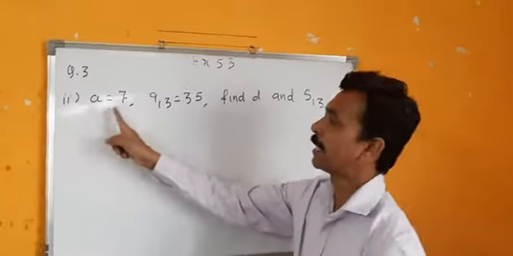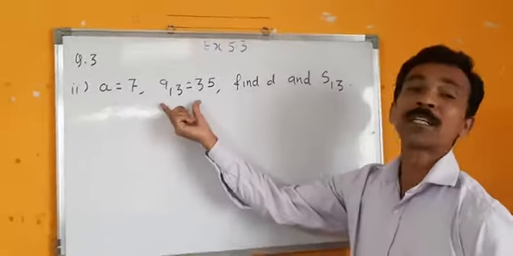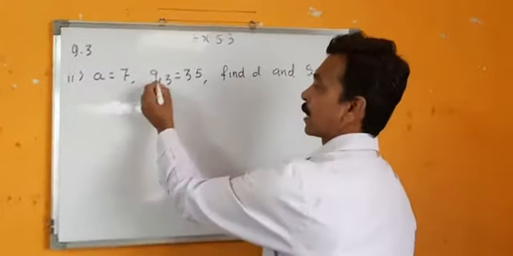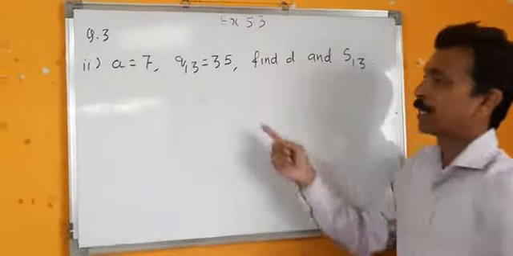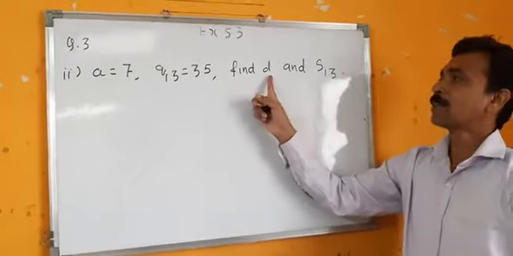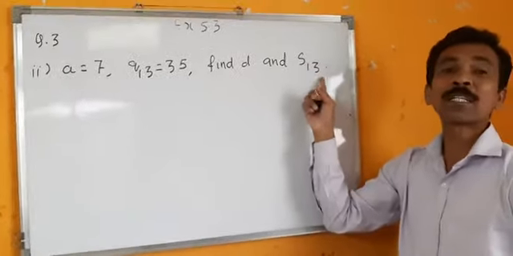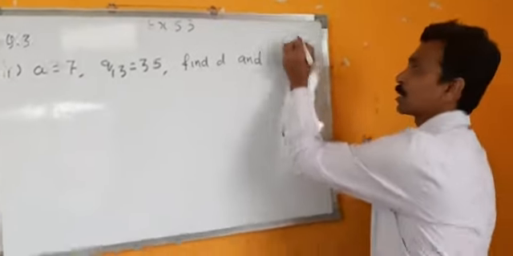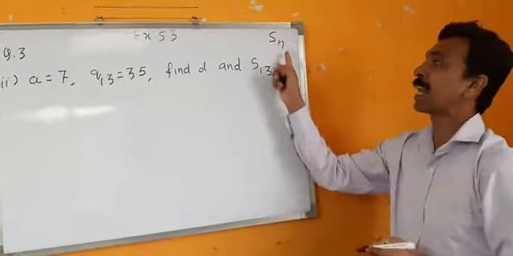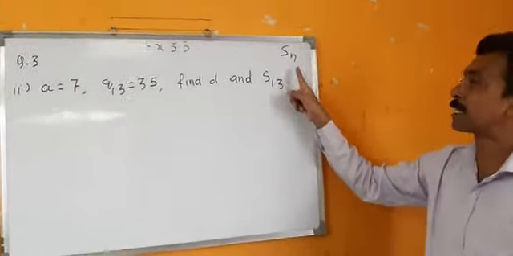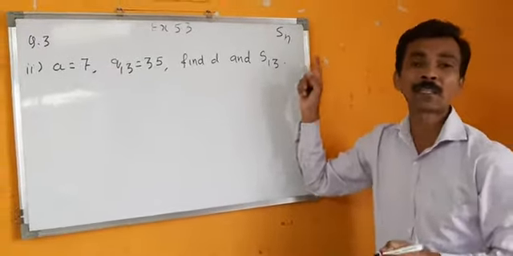Second bit, a is equal to 7, a13 is equal to 35. Okay, this is a13, keep in mind. a13 is equal to 35. Find d and S13. In S13, what is 13? It is n, because look here, it is Sn. So this value 13 is the value of n.